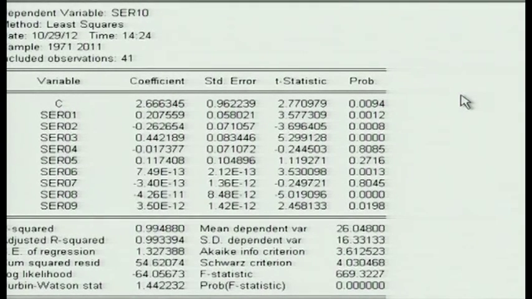Series 4 is differential inflation rate, it does not have any significant impact because you can see the probability value is 0.80. Series 5, if you apply simple OLS, again differential real interest rates does not have a significant impact. But then 6 and 7, 6 is money supply, it has a significant impact on the US dollar Indian rupee exchange rate.